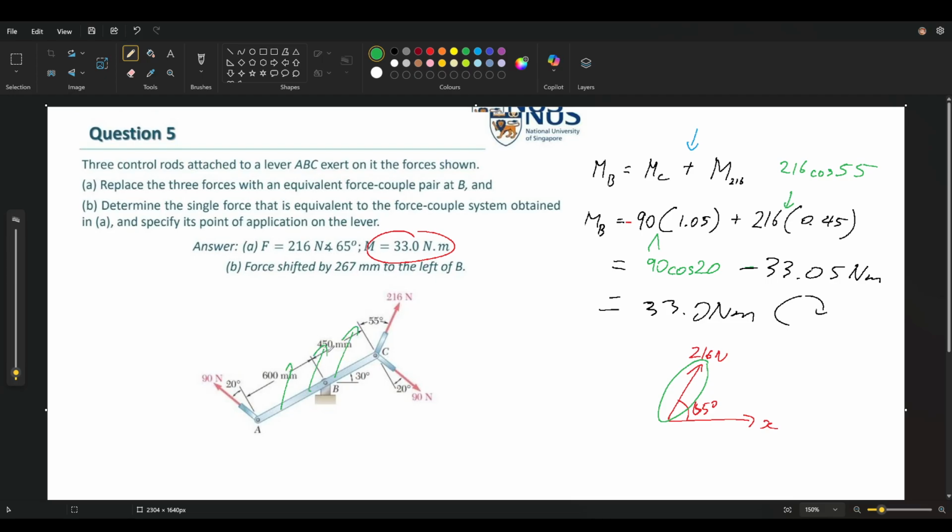I can place it anywhere. But where can I place it so that the distance from the force to the pivoting point gives me moments of a 33 value? Very simple. You have the force, you have moments, you don't have distance. And this is where you find your distance. So distance is basically 33 divided by your 216.